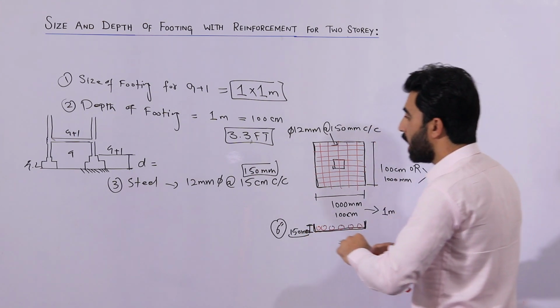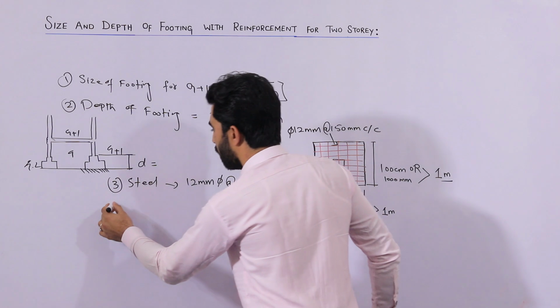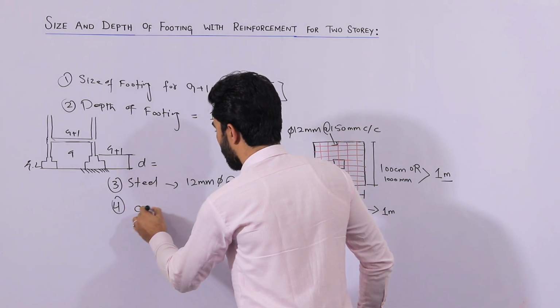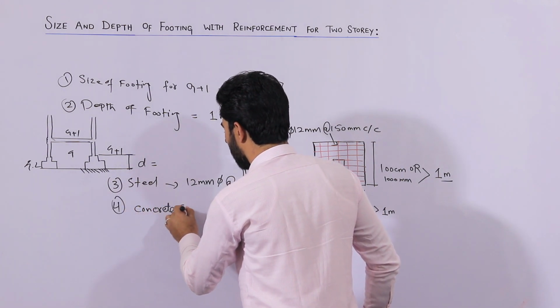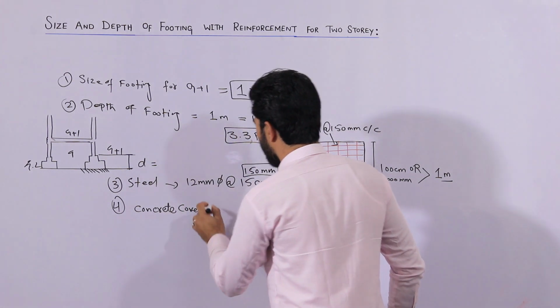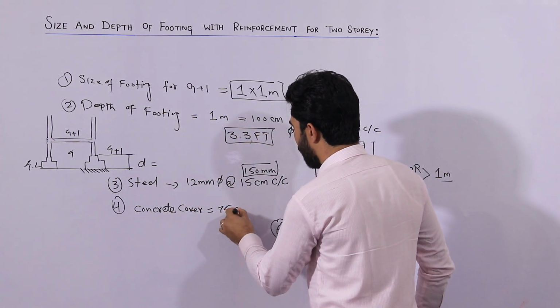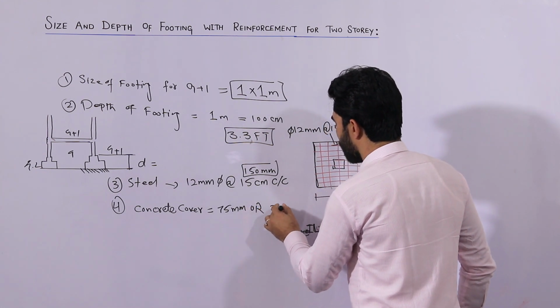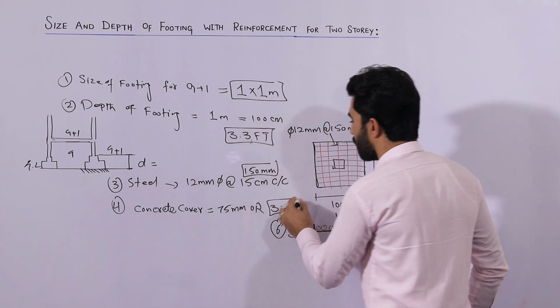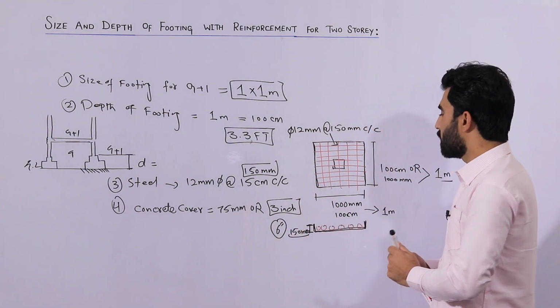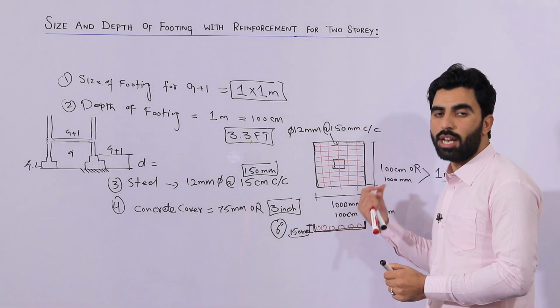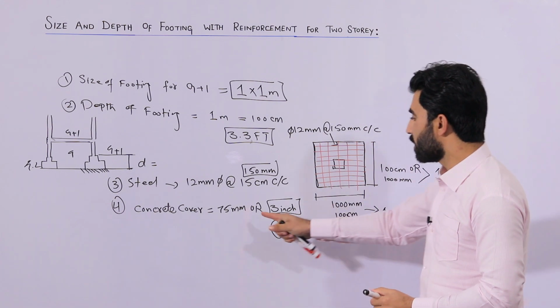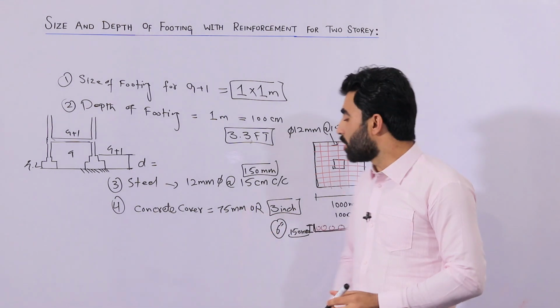Remember guys, the fourth one is concrete cover. The concrete cover should be 75 mm or 3 inches. This is concrete cover for all sides, for top, bottom, left and right side. Remember, it should not be less than 3 inches.